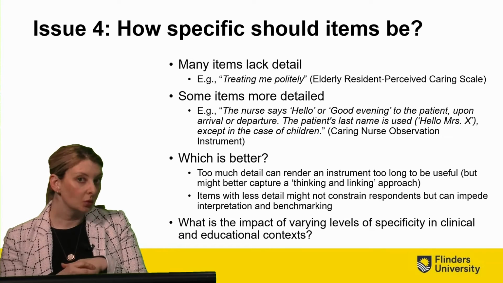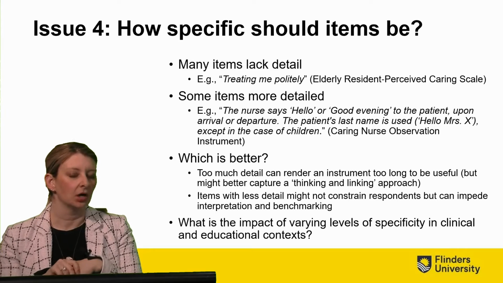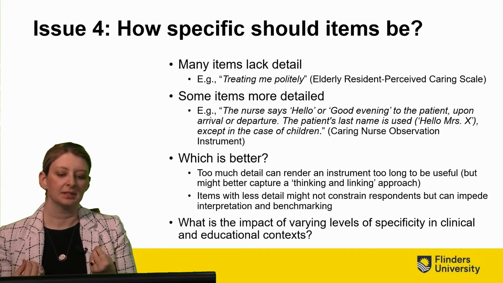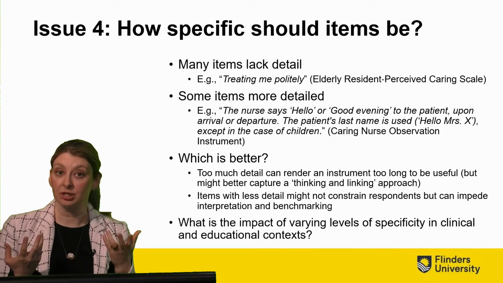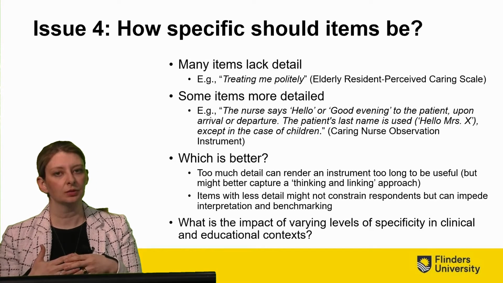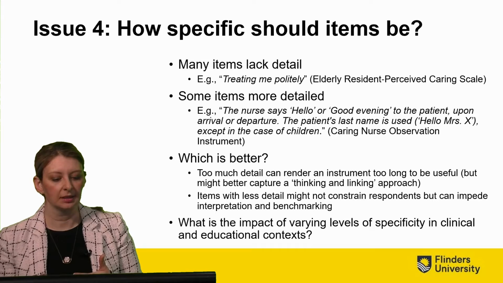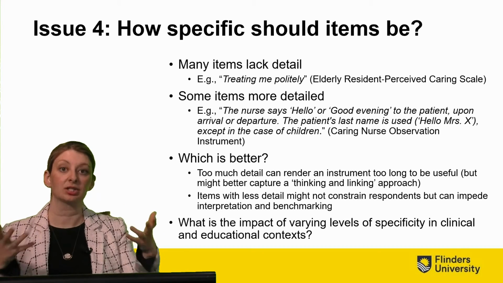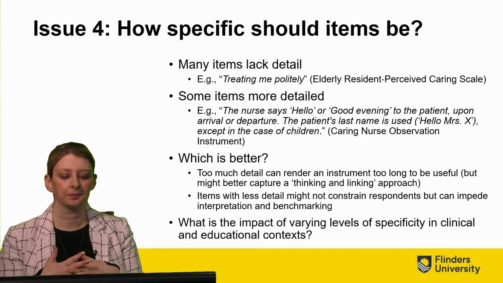Some items were more detailed, but that was typically less common. So these less detailed items are arguably more subjective and they might be difficult to observe or report on because they require greater interpretation on the part of the person who is actually completing the instrument.